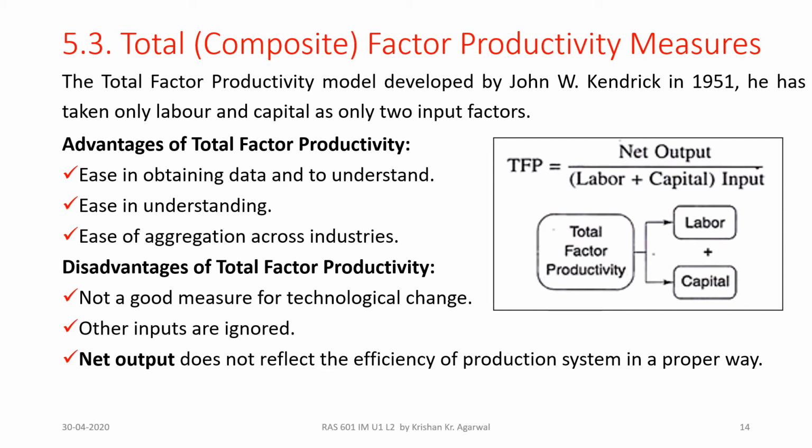So this is the big disadvantage associated with total factor productivity, that net output doesn't reflect the efficiency of the production system in a proper way, since it is not equivalent to the total output. But from the viewpoint of measuring how much labor as well as capital affect the productivity, the performance in terms of output produced, it can be calculated by using total factor productivity measures.